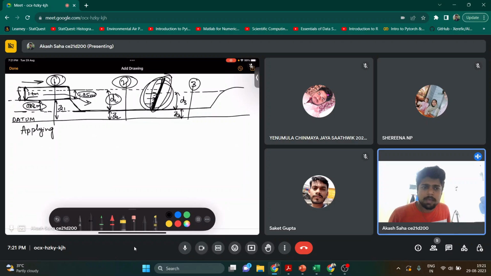So which theorem will be applicable for energy conservation? Can you tell me? Hello, am I audible? If I want to find this depth D2 by conserving the energy at point 1 and at point 2, which theorem do we have to apply?